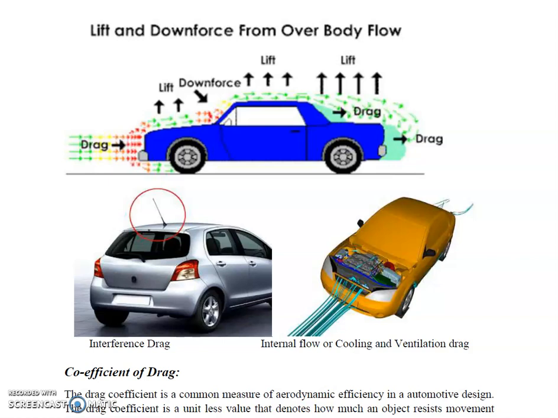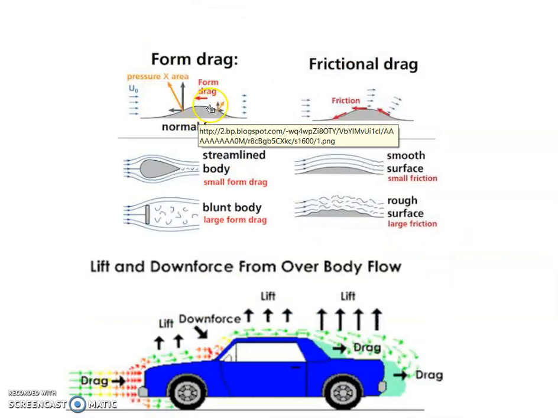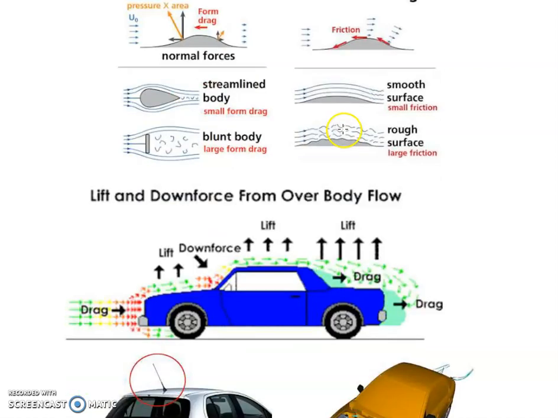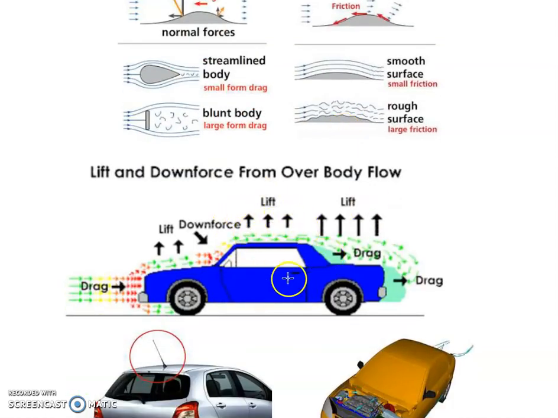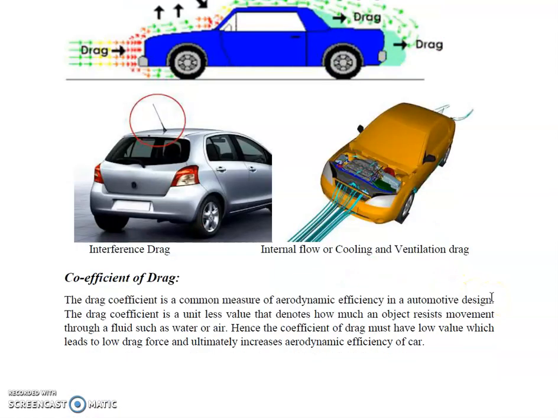It is about 12% of the total drag. So this equals 100%. Therefore, this 55% plus this 9% plus this 7% plus this 17% plus this 12% is equal to 100%.